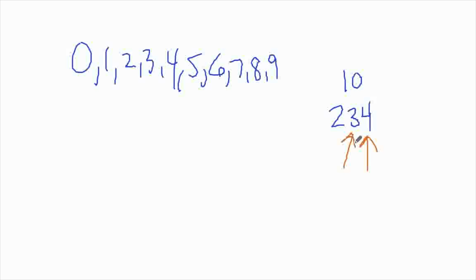The third number starting from the right represents packets of 100. So this one means you have two Ziploc bags, each with 100 sunflower seeds, so that 2 tells you that you have 200 sunflower seeds. You put it all together, you've got 200 and 30 and 4, all together makes the quantity 234.